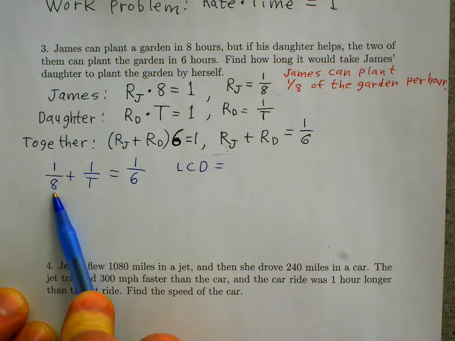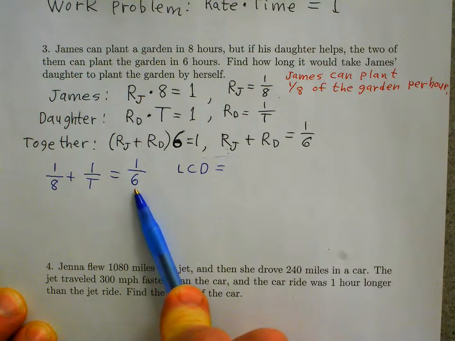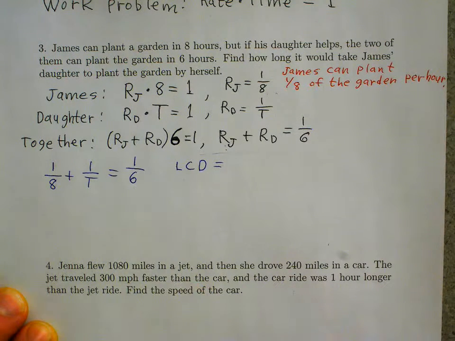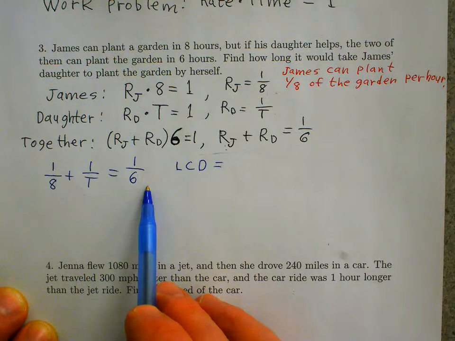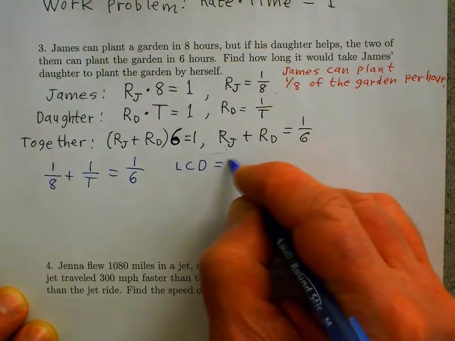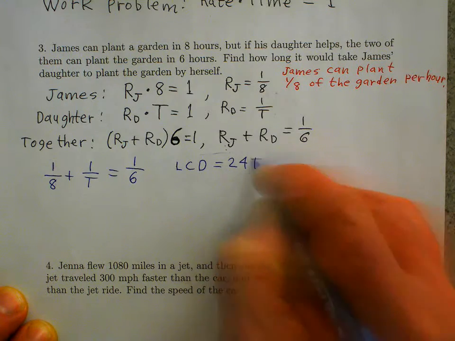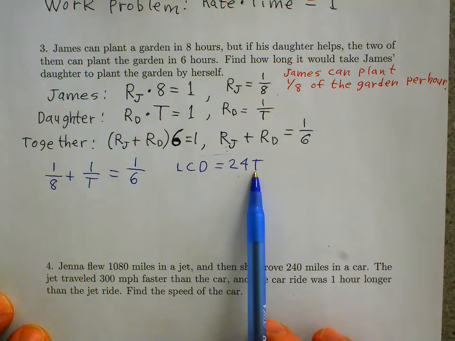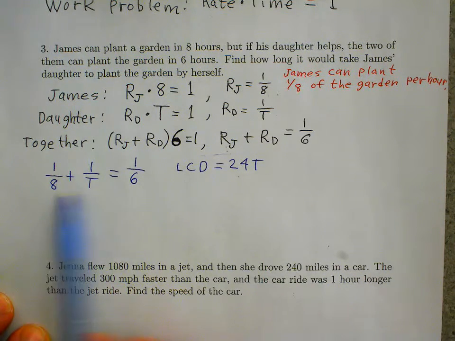The multiples of 8 are 8, 16, 24, 32, 40, and so on. The multiples of 6 are 6, 12, 18, 24, 30, 36, and so on. So the least common multiple of 8 and 6 is 24. And then 24t is also a multiple. So 24 times t is the least common denominator.